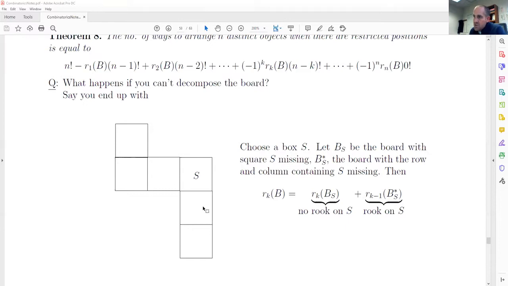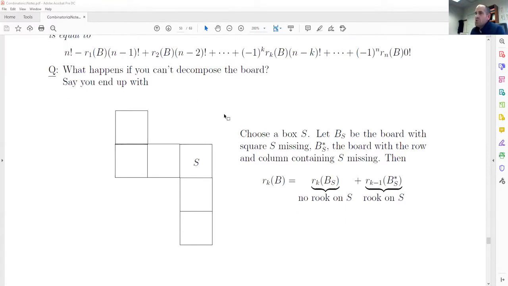Okay, well this thing right here isn't really an example of too complicated of a board. Let's just be honest. But it's just here to illustrate what we might try to do. And here's what we do. So what you try to do is choose a box or a square in the board that, if it weren't there, then we'd be able to decompose the board. So yeah, that's what this square right here does.